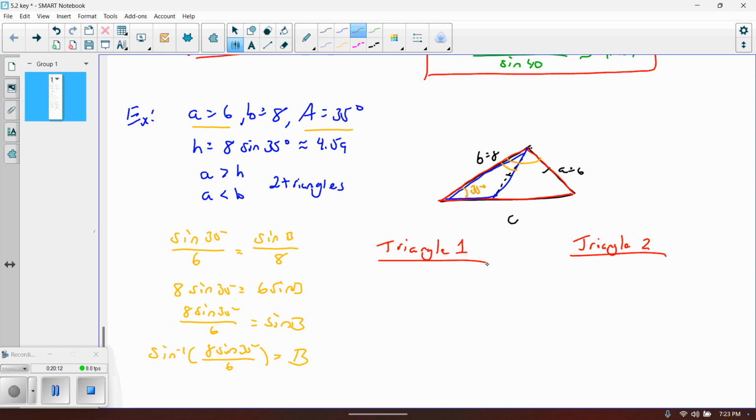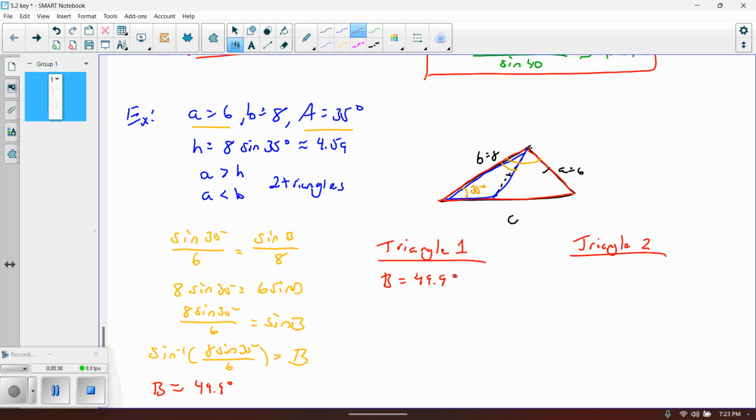So when you go ahead and do the inverse sine of the expression there to find b, we're going to get the first b value, and this is what your calculator will give you because it'll give you the acute one, is 49.9 degrees. So we'll put that up here for triangle 1, 49.9 degrees.